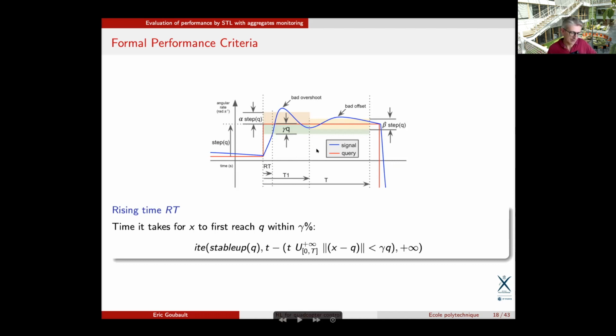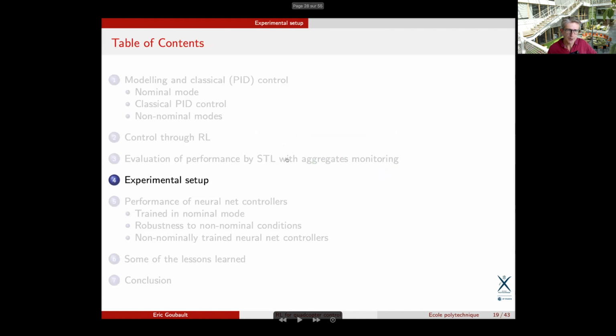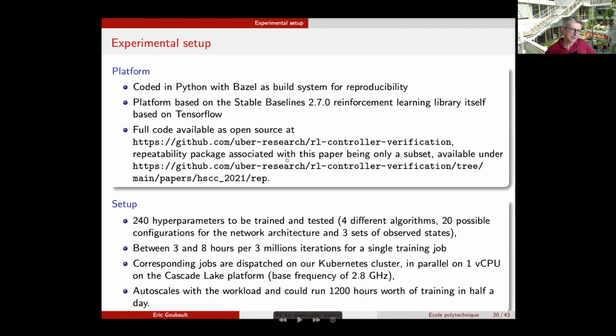Okay, so the experimental setup I'm going to give you the results of is as follows. We coded the full reinforcement learning mechanism and performance evaluation using Python, and the base also that we have a reproducible experiment.